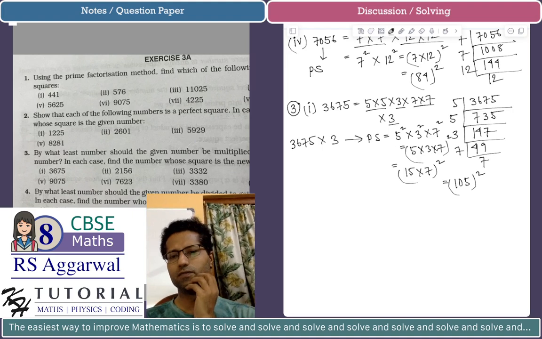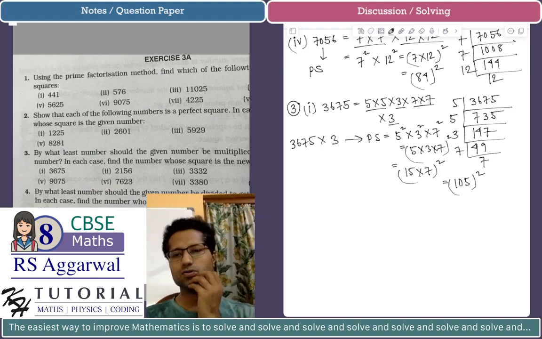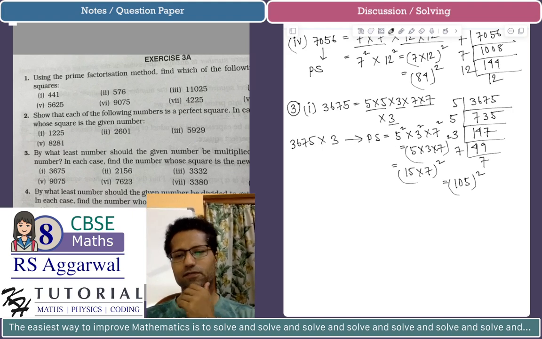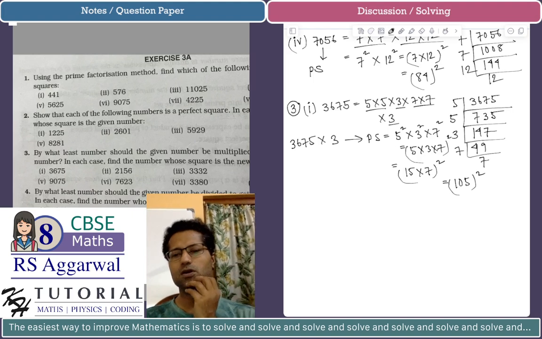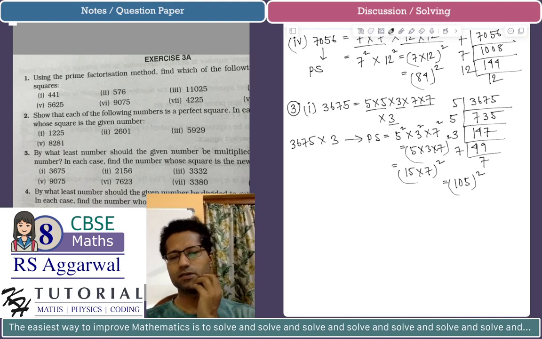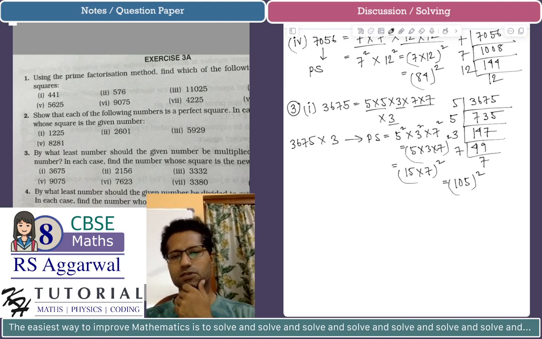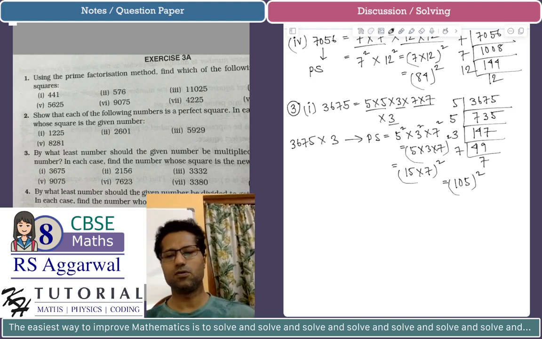So if we multiply with just 3, we will get another pair 3 into 3, which will make the whole number a perfect square. So we multiply 3675 with 3, and the new number becomes 3675 multiplied by 3, which is actually 105 whole square.